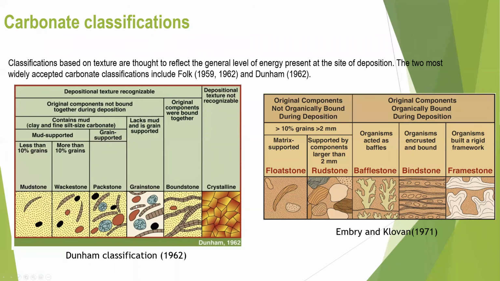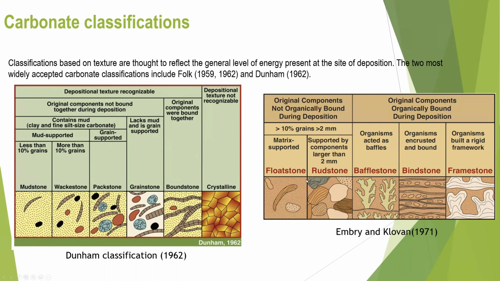But if we have just cement and grains, we can say that this is grainstone. He categorized all of the reef system or all of the component that bond together. He named those boundstone. And for dolomite, he mentioned that they are crystalline grains. So he mentioned that this is dolomite.